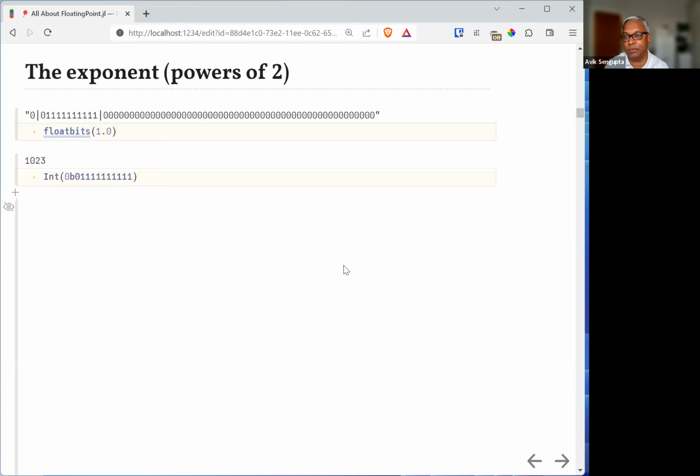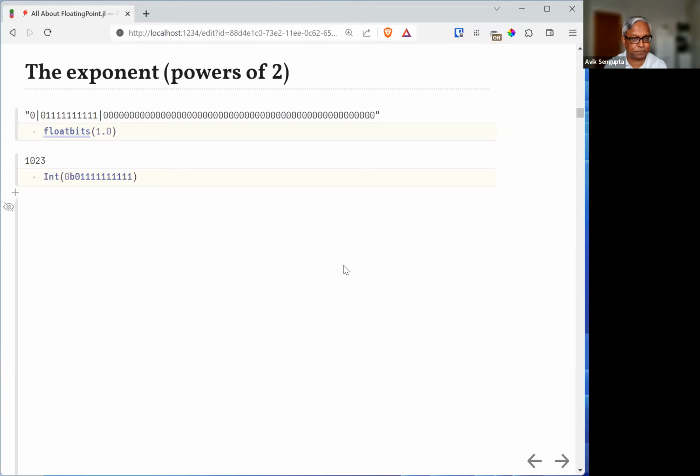So this number is 1023. And you'll think, why is it 2 to the power 1023? Well, actually, the exponent is represented as the value minus 1023, right?